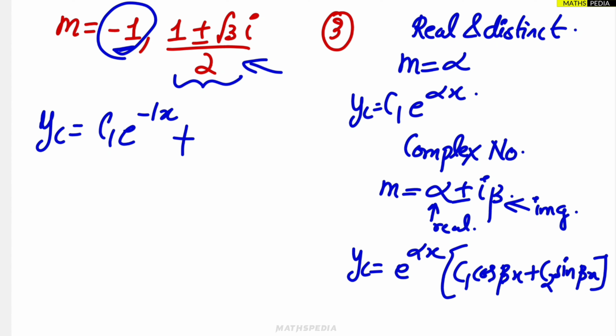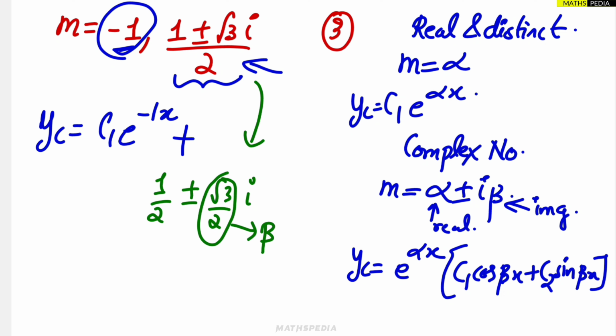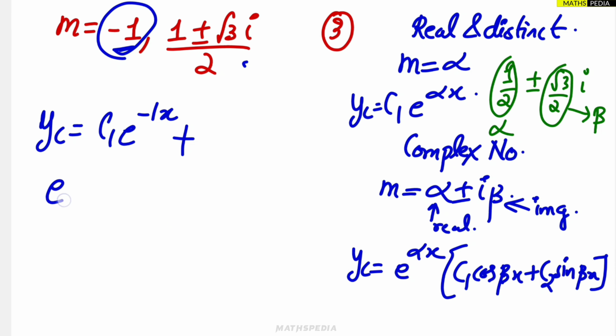If you extend this part, it is 1 by 2 plus or minus root 3 by 2 i. This part is beta, this part is alpha. Simple. The solution will be e power alpha x, that is e power 1 by 2 x, right?